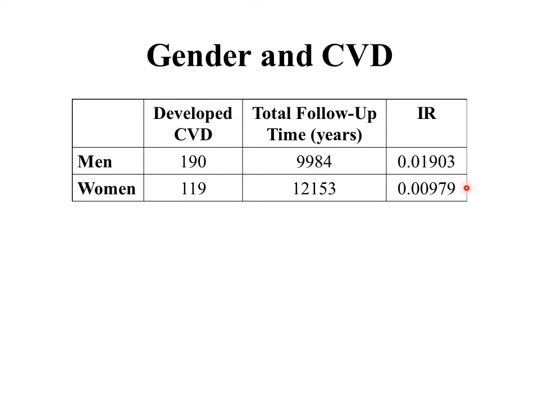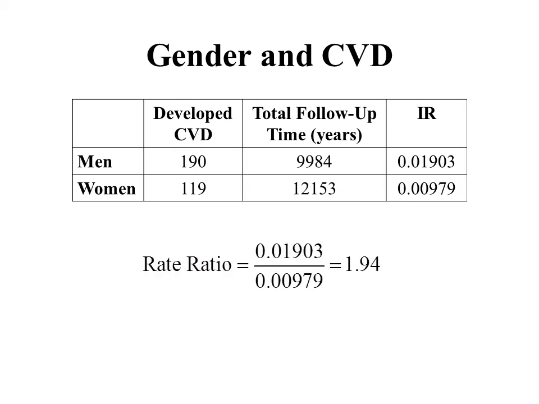190 divided by the 9,000, we got this incidence rate, and then we take the 119 divided by the 12,000, and we got this incidence rate for women. And so to calculate the rate ratio of men to women, we'll take the incidence rate for the men and divide it by the incidence rate of the women.